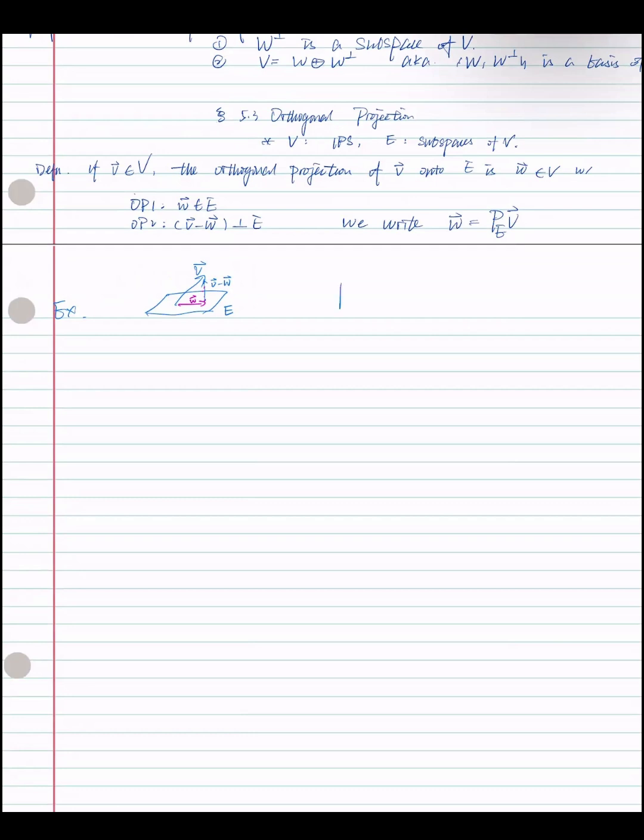Like if it's this case, then the projection would be just the zero vector. Oh, okay. There is no W, or W is the zero vector? Yeah, W is the zero vector.